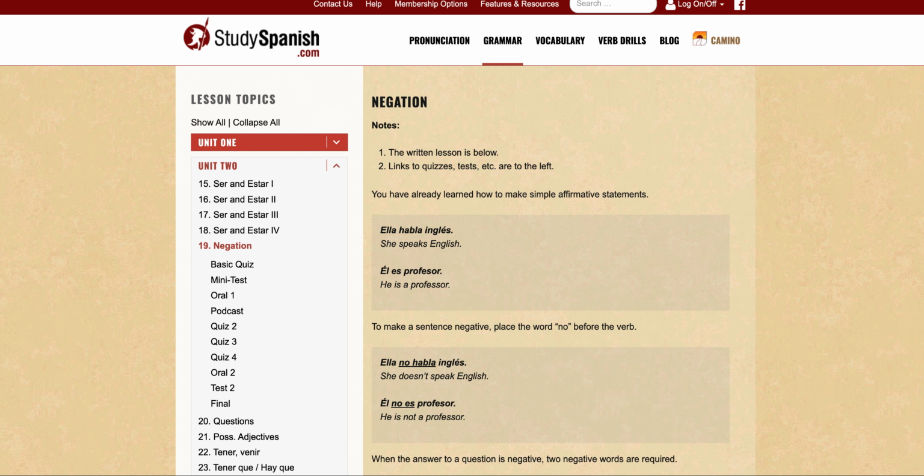So for instance, ella habla inglés, like she speaks English. In order to negate, we first identify the verb. In this case it's habla, it speaks, right? And then we add a no before that. So ella no habla inglés. Ella no habla inglés. So that is rule number 1.